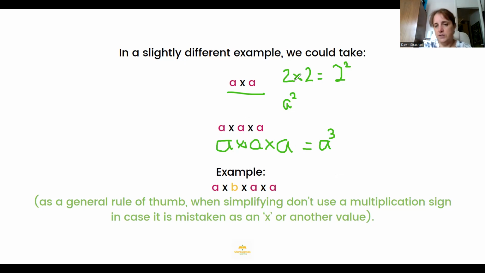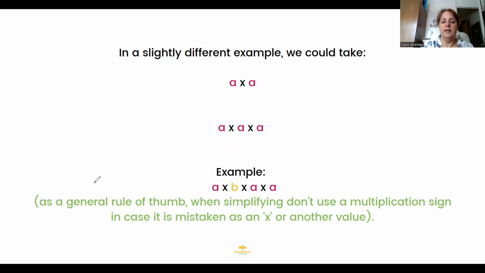Again, if I'd used numbers as an example, I would have gone 2 times 2 times 2, which would be the same as writing 2 to the power of 3. And then looking at this bottom one, I've got an a times another a times another a. So I've got a cubed, because that's exactly the same as I had here.